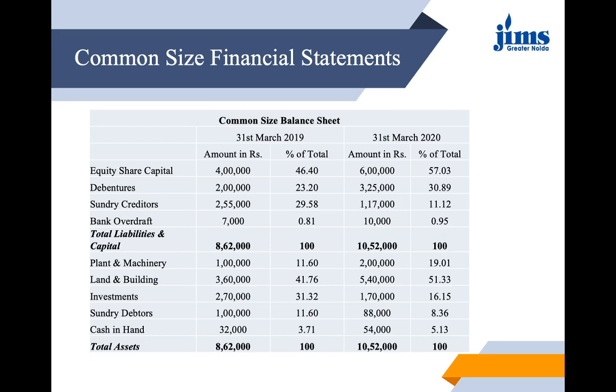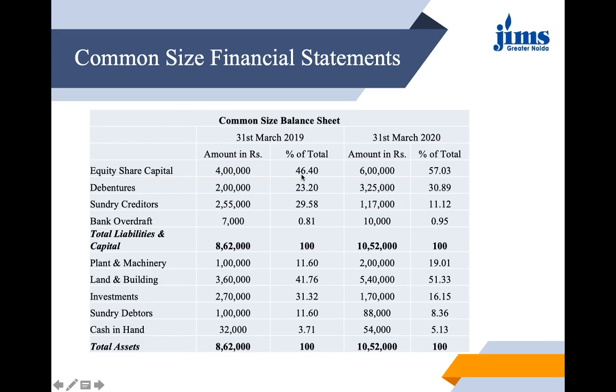If you see, we have calculated for a particular year and we are not calculating the differences. In the comparative balance sheet we calculated the percentages out of the difference, that is how much it increased. Like there it was 4 lakh, now it increased by 2 lakh and became 6 lakh. So we calculated the percentages out of the difference, but here we are calculating individually.